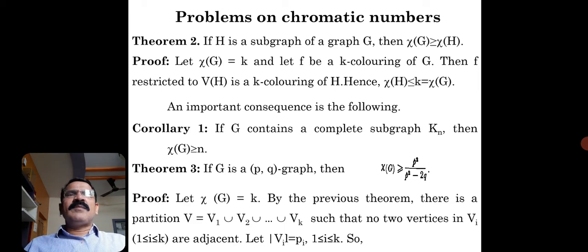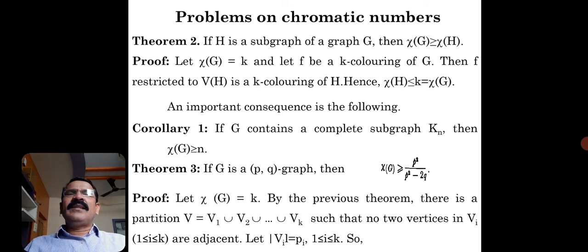If K4 is a subgraph of G, then definitely the chromatic number of such a graph is greater than or equal to 4. So in general, if G contains a complete subgraph Kn, then the chromatic number of that graph is always greater than or equal to n. Okay, so this is a simple corollary based on the previous theorem.